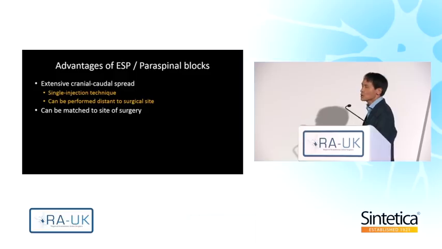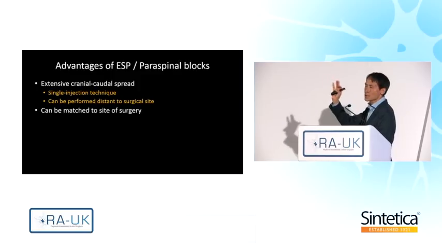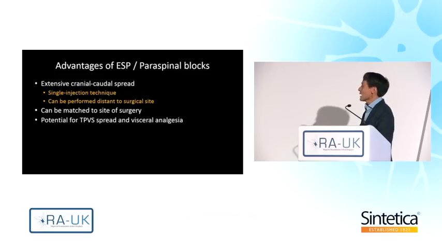So compared to the QL block, which you do in the lumbar area, hoping it's going to spread up north to the thoracic area, now you can actually place your block congruent with the thoracic spinal nerves that you're actually interested in. As I said before, it appears on early evidence that there's potential for spread to the paravertebral space and thus visceral analgesia. You get posterolateral coverage of the dorsum of the back, and again, that opens up the scope of applications, I think.